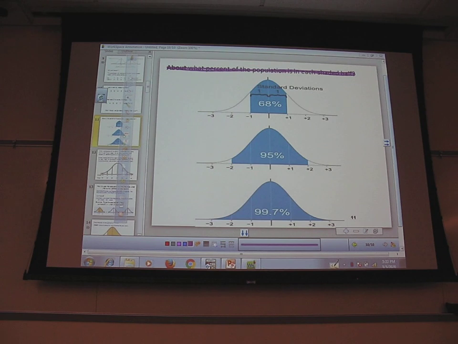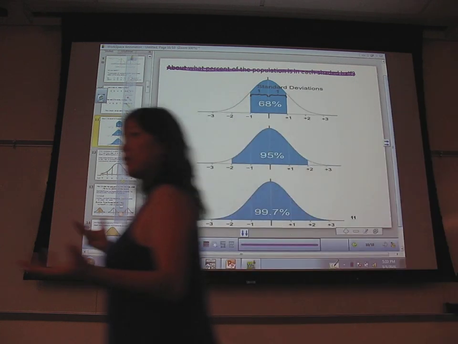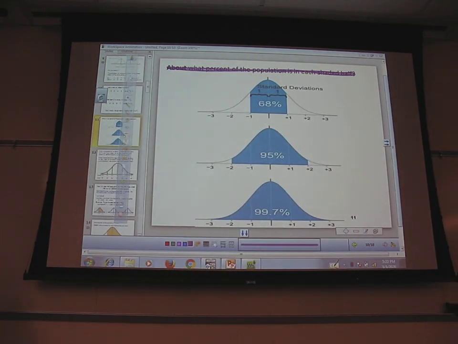That means 68% of your data lies within 1 standard deviation, 95% within 2 standard deviations, and 99.7% within 3 standard deviations. Only use this when it says approximate or using the empirical rule.